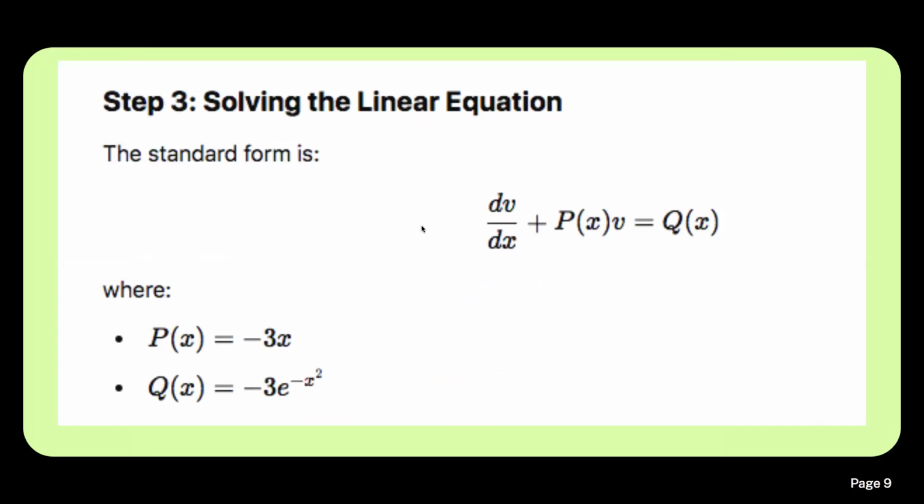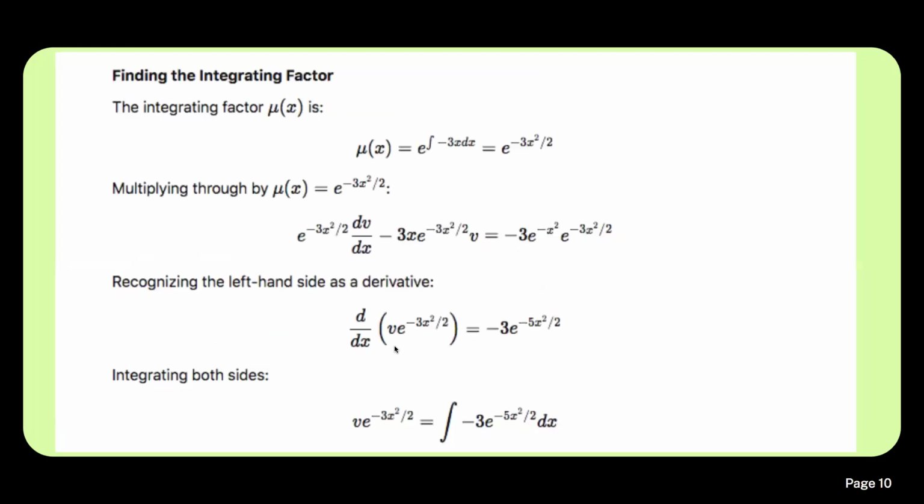Then we are all very familiar with how to deal with the first-order linear equation, right? In this case, p(x) equals minus 3x, and q(x) equals minus 3e^(-x^2). Then we deal with the integrating factor mu(x). Mu(x) always equals e to the integral of p(x) dx, which is minus 3x in this case.